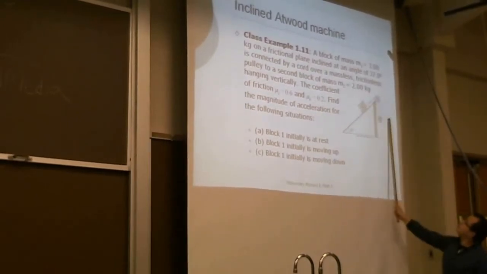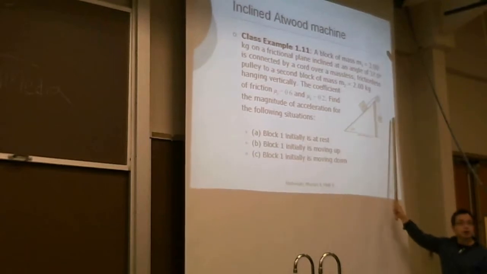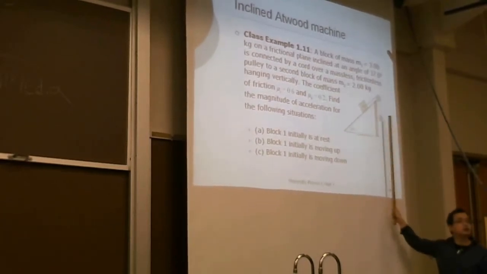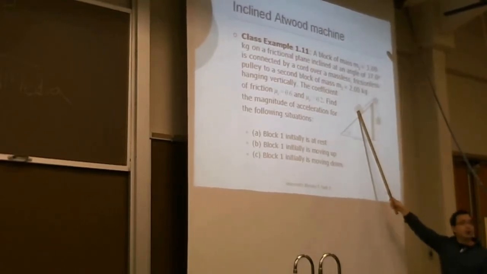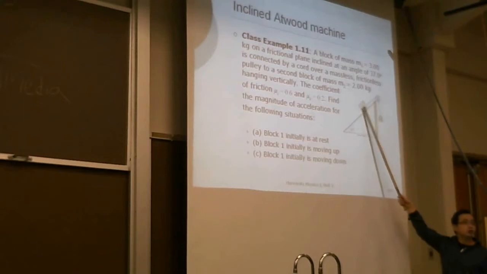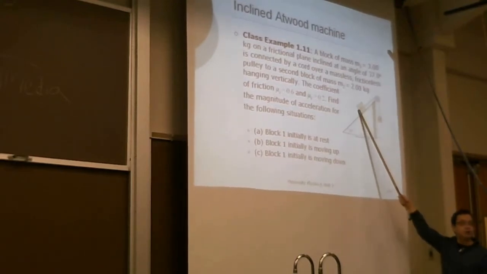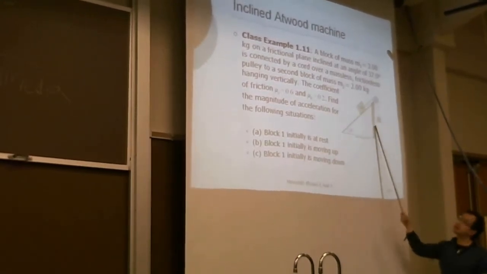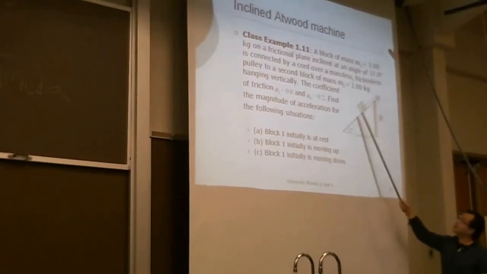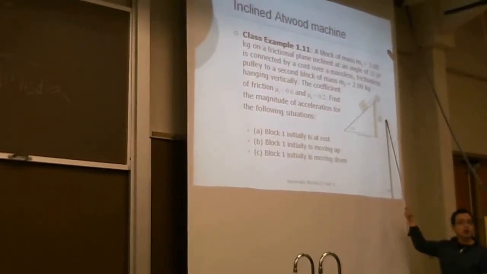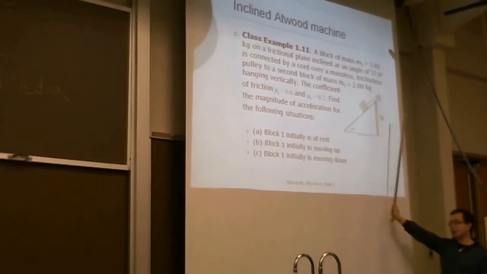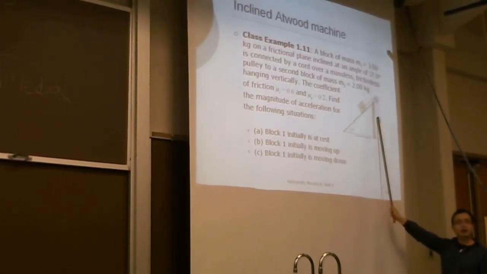It depends on the comparison of the two weights. M1 is larger than M2, but of course M1 is on the inclined plane, so it will contribute only part of its mass in competition with M2. So it depends on the angle; which contribution is larger is still in question.